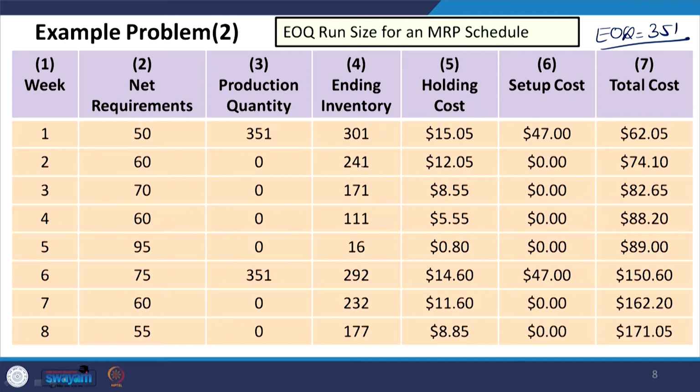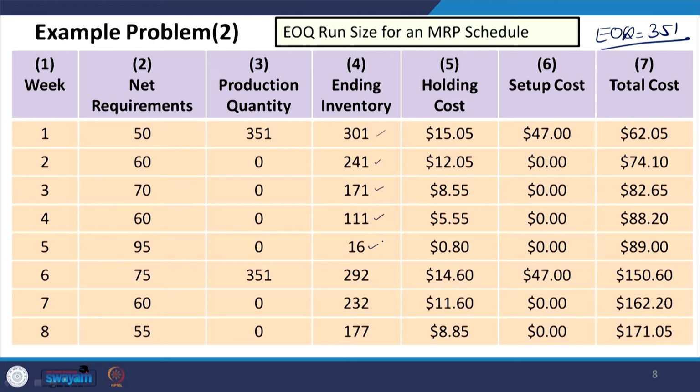Again, I have enough units available with me, so the demand of the second week will also be fulfilled from this available inventory. Now I have 241. Then again I will consume 70 units, I have 171. I will consume 60 units, I have 111. Then I will consume 95 units, I have 16 units.